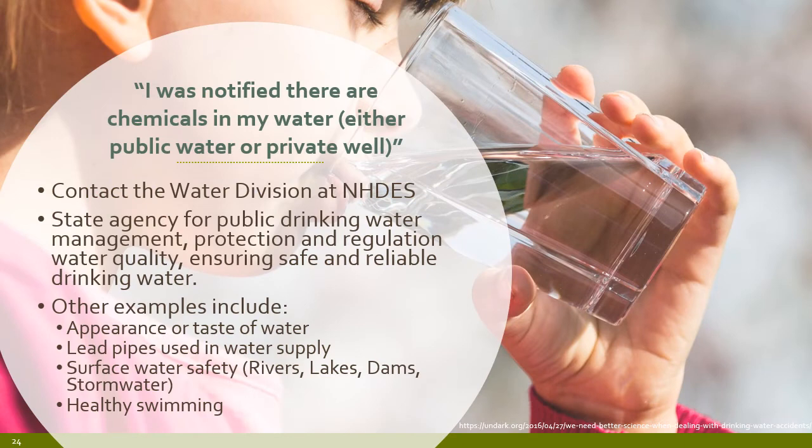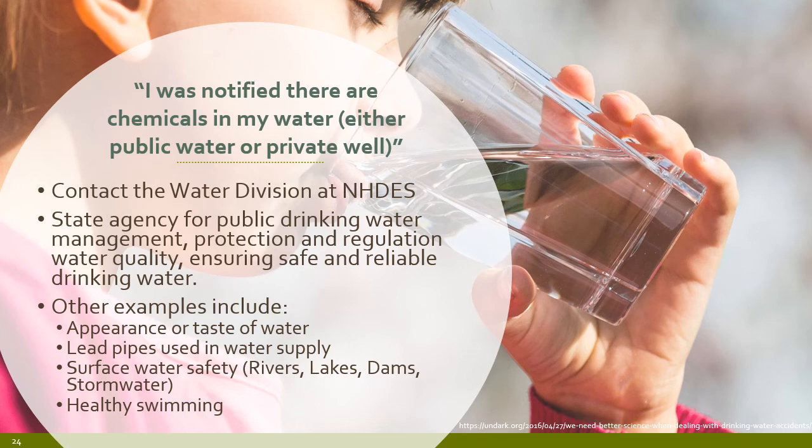In another situation you may encounter, a community member reaches out to express concern after becoming aware of contaminants in their drinking water at home. Your next step would be to contact the Water Division at New Hampshire DES, which is a state agency that manages, protects, and regulates water quality in the state.